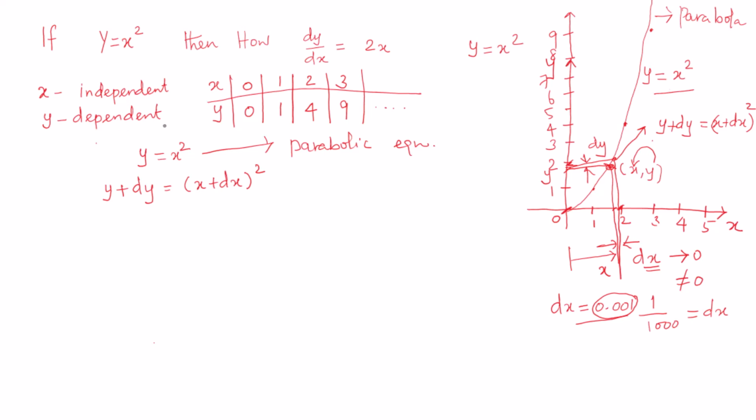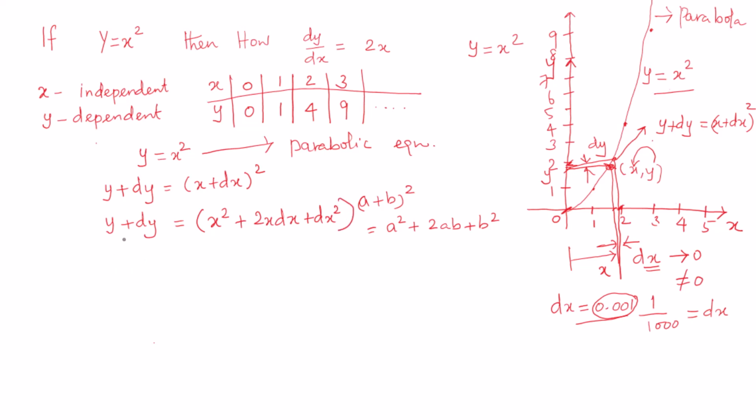Now y plus dy will be equal to x plus dx the whole square. The formula is a plus b the whole square, that will be equal to a square plus 2ab plus b square. So in this, x square plus 2x dx plus dx square.